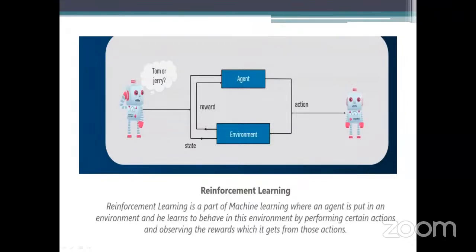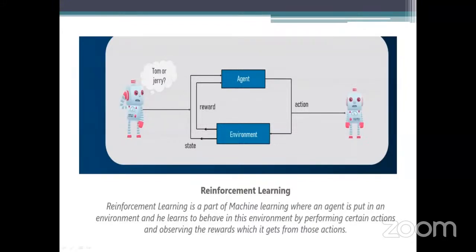In reinforcement learning, there is not really any input data given to the agent. No input is given. The agent has to explore everything on its own. It's like a human newborn baby. You can think of it as a newborn baby with no information about anything, right?